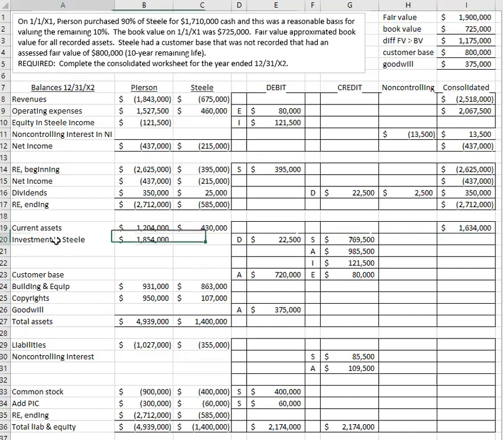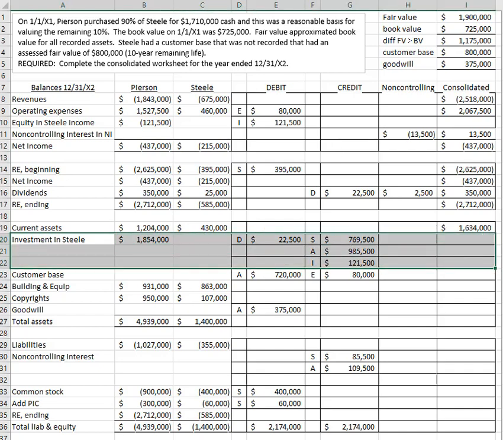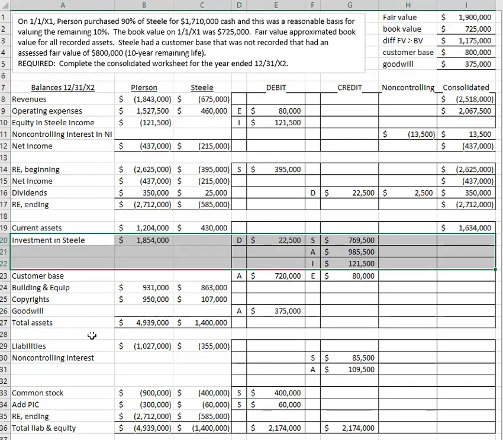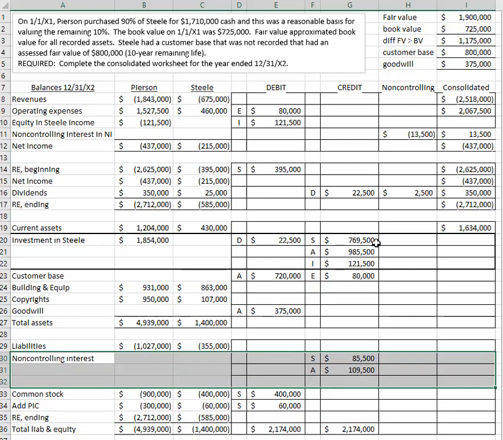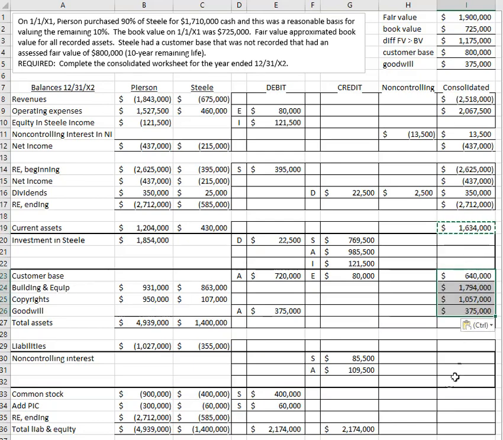Okay, so this is a 3-line account here. And the NCI is also a 3-line account. So let's make a special note of that. The other accounts can use the regular math here, but not those. Okay, so let's see if this zeroes out.